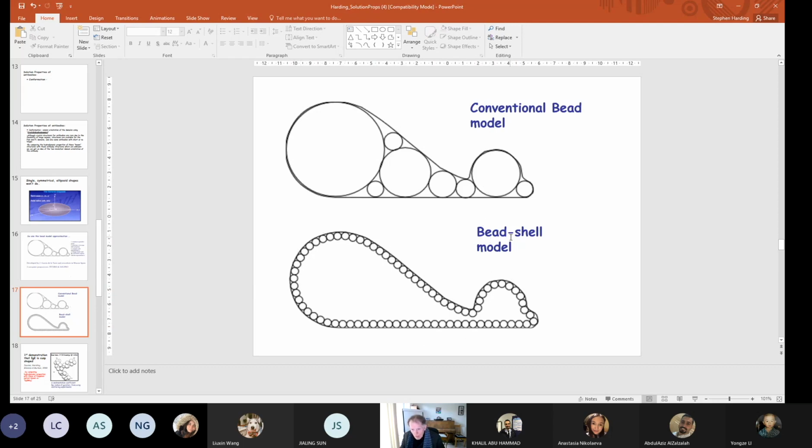And this is called bead shell modeling because you're representing the shell or outer surface of the molecule. And we can use Hydro and Solpro with this bead shell model.